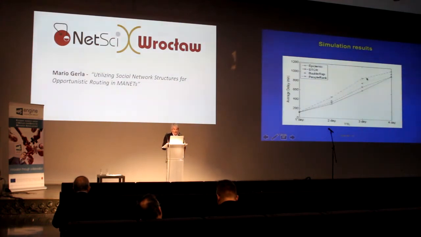Now, interesting enough, the scheme with the lowest delay is again epidemic. Not a surprise, because the epidemic will choose all the possible paths, and eventually the epidemically transmitted packet will get there first. So we say, well, at this point we lose, and well, STCR is the second best. We say, well, then why bother again with STCR? So epidemic is the best.